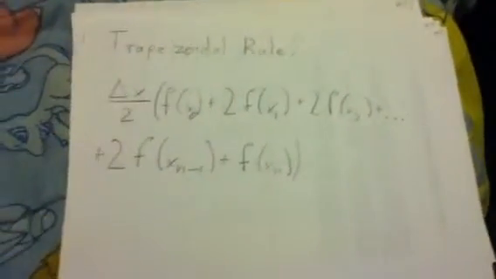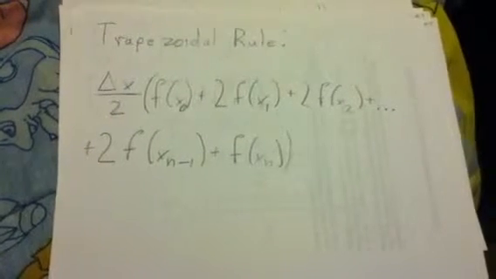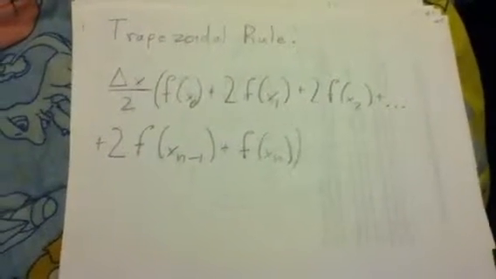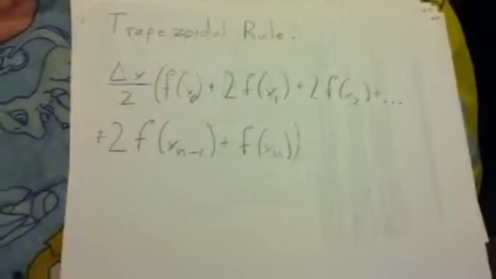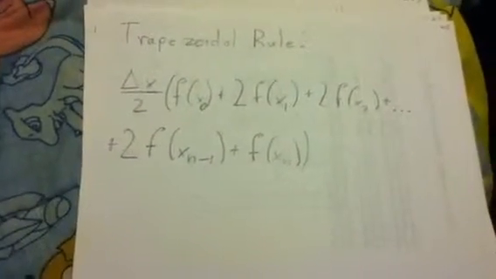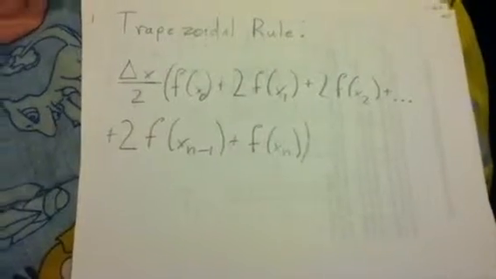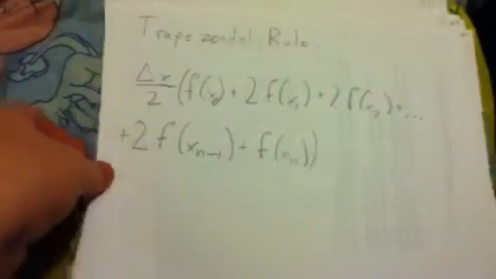And here we have our trapezoidal rule. The change in x over 2 times f(x0) plus 2 times f(x1) plus 2 times f(x2), on and on, plus 2 times f(x n minus 1) plus f(xn), n being the number of terms. So we have that expression, and it equals about 1/10 times t1, t2, t3, t4, because remember, with the trapezoidal rule, we're basically making little trapezoids.